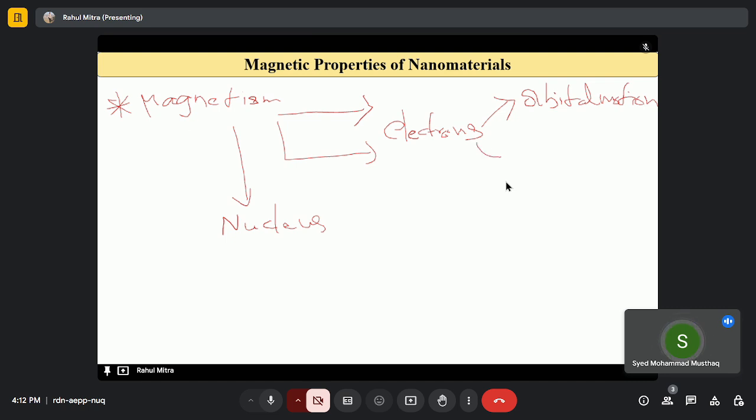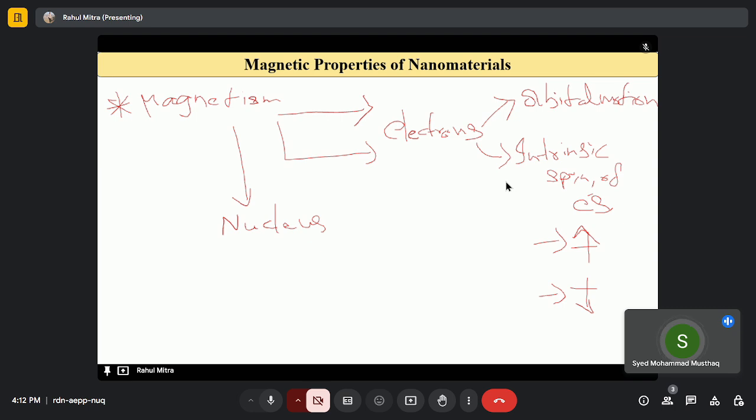The next one is the intrinsic spin of the electron. Intrinsic spin is of two types: an electron will have either spin up or spin down. These are the two intrinsic spins of any electron in any atom.